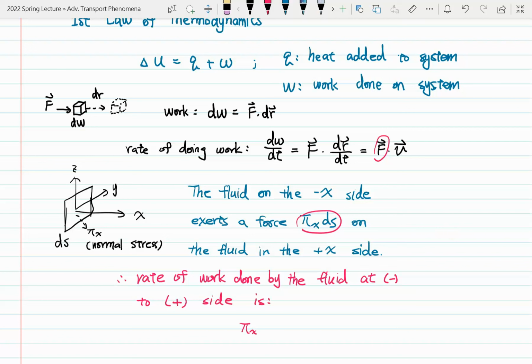I guess I should say pi x dot v times dS.